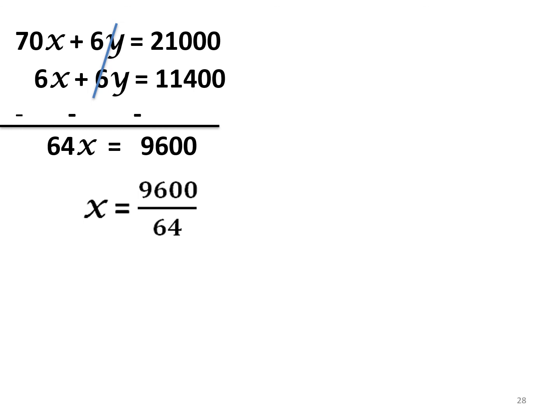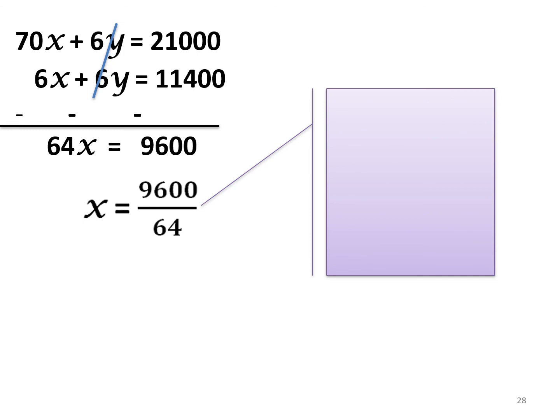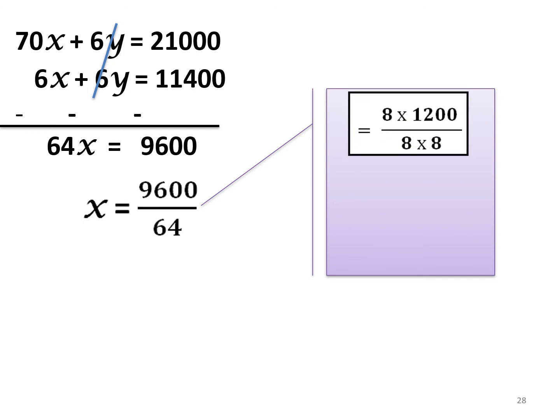x is equal to 9,600 upon 64. How shall we reduce this? 9,600 upon 64 can be split up into 8 into 1200 upon 8 into 8. 8 and 8 are like terms, they will get cancelled from the numerator and denominator. You are left with 1200 upon 8. 1200 upon 8 can be further reduced as 4 into 300 upon 4 into 2. 4 from the numerator and denominator gets cancelled.